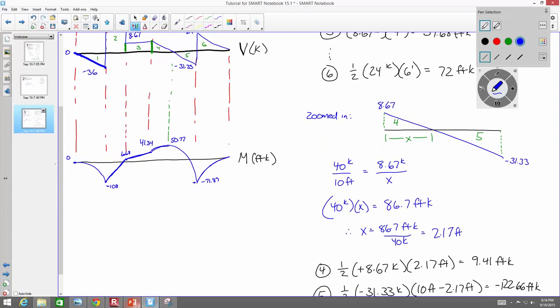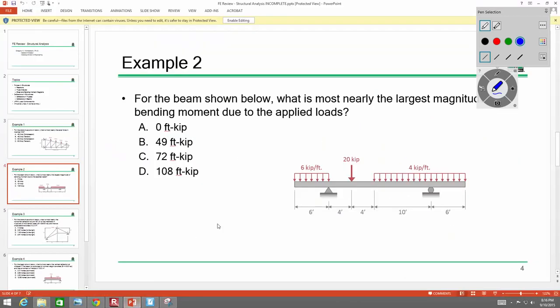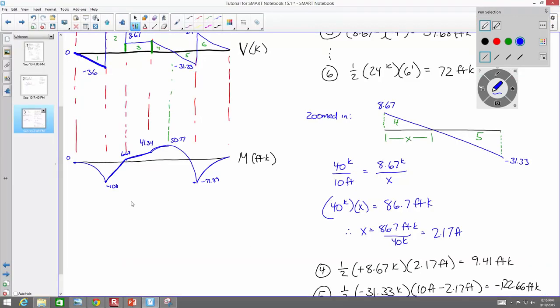The problem was, what is the largest magnitude of bending moment? What's the answer? The magnitude of bending moment on our moment diagram, 108. It's D. That's the largest number, the largest magnitude of bending moment.